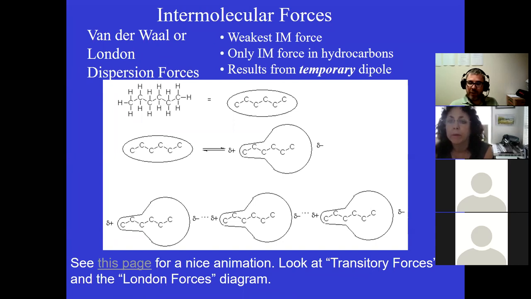In an unchanged CH system, it's just going to look like that oval. But what happens, and that's why I've got these arrows here, is that electrons can move from one side to the other. It's still going to be the same volume, if you will.